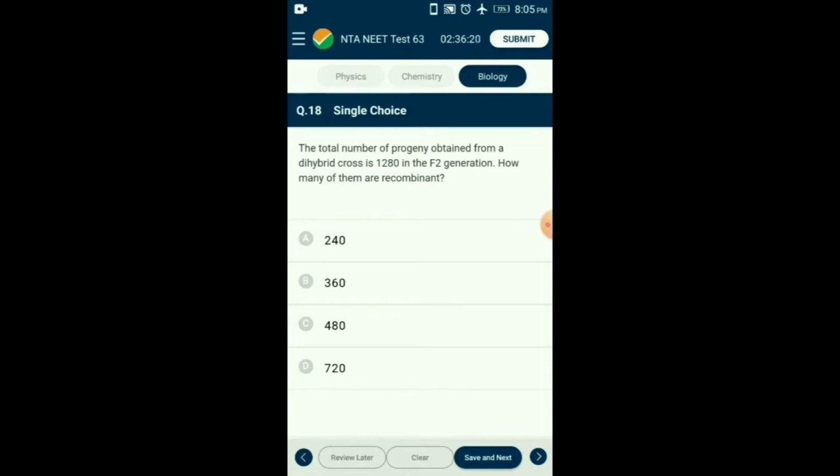Accordingly, if 1280 progeny are formed in the F2 generation, 800 show parental phenotypes and 480 progeny are recombinants. So the answer for this question is option C, 480.